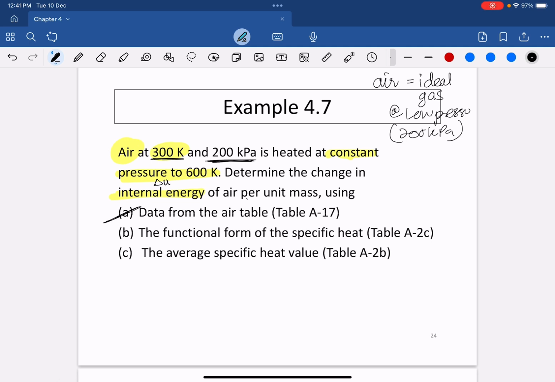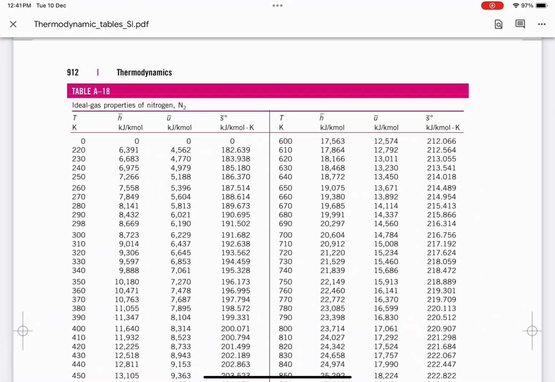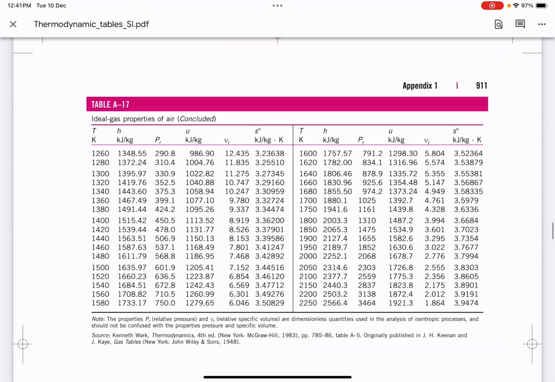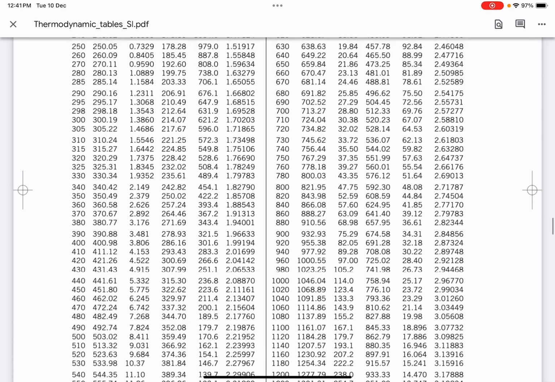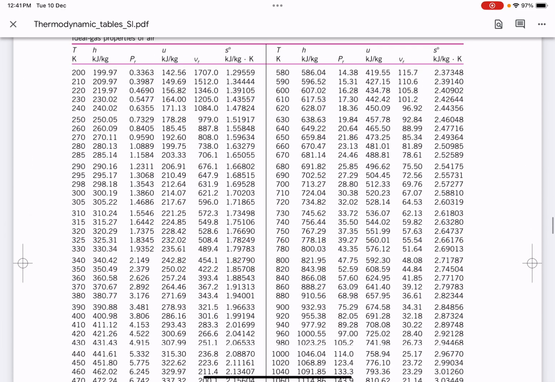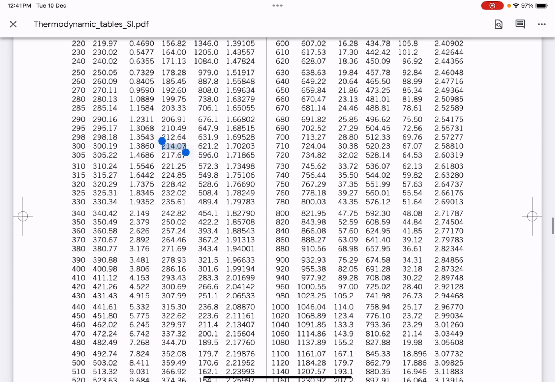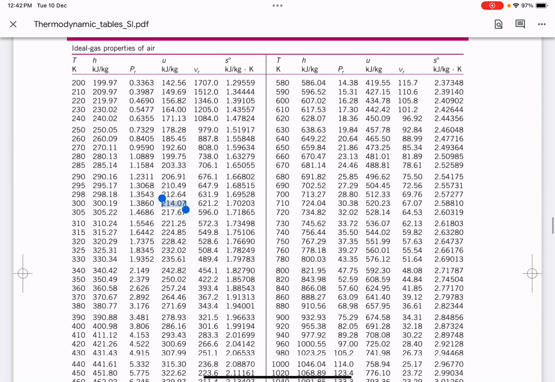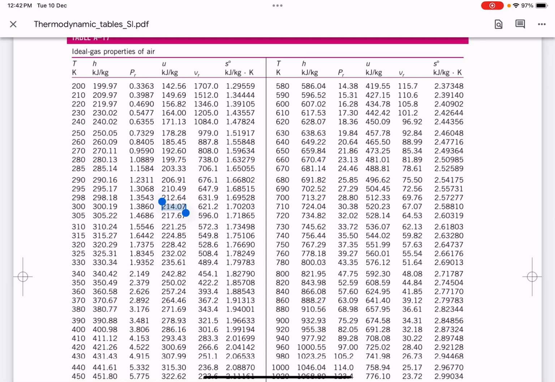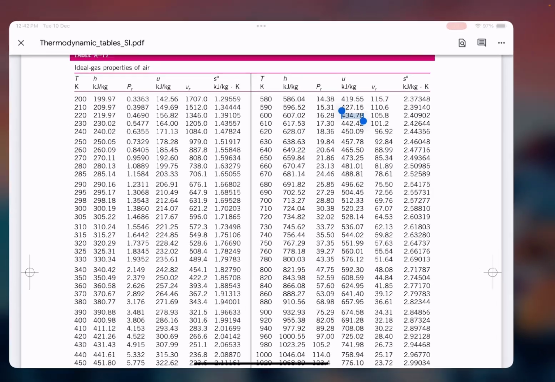We go straight to 300 Kelvin, and the value of U, internal energy, is 214.07. And also at 600 Kelvin, where is it? Okay, 600 Kelvin is here. The U is 434.78.